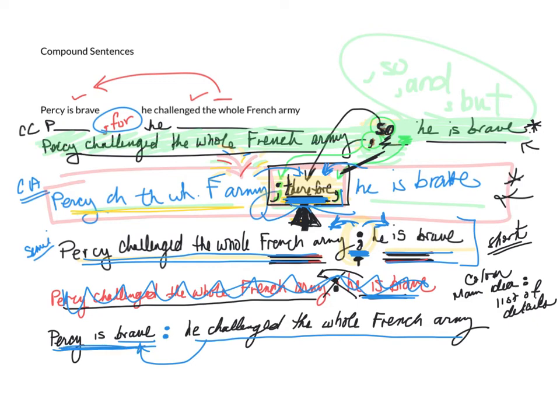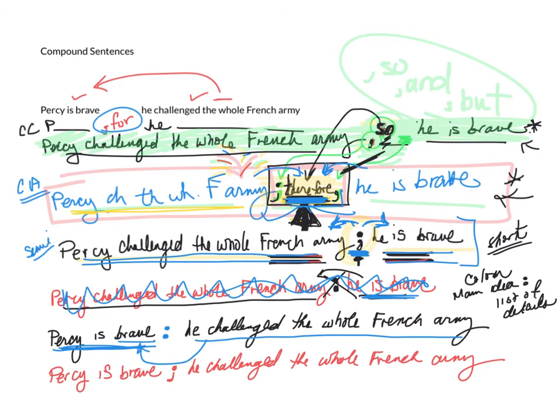Now, question. Could I also flip-flop it if I'm using a semicolon? So tell me if this sentence is correct. So what do you think? Is this correct? Sure. Percy is brave. Complete sentence. He challenged the whole French army. Complete sentence.